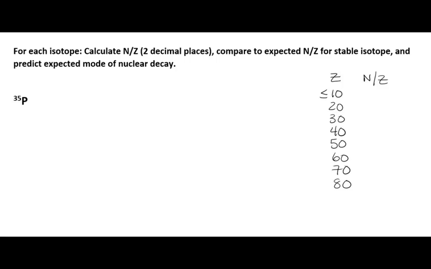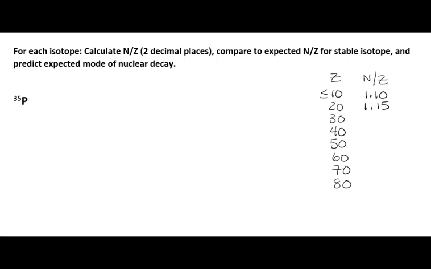And then the N to Z ratio, so you would remember that it starts at 1.1 for those isotopes that are less than or equal to 10. And then it goes up for most of these increments of 10 by a value of 0.05. So when we're at 20, the stable value would be 1.15.